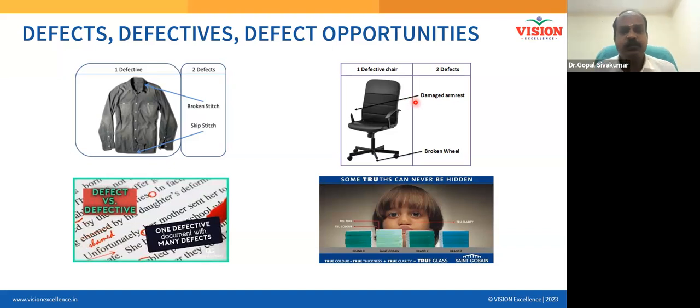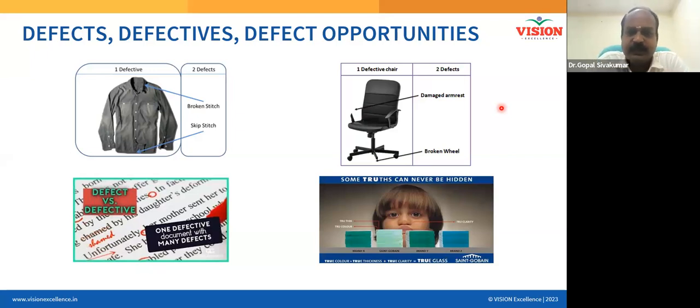All right. So for a shirt, we know what a defect is. Similarly, are defects possible in the chair you are sitting on? Broken arm, isn't it? The broken wheel, the broken legs, and the cushion has some problem. All of these are known as defects. The first thing to do is define the defect opportunities in any product.